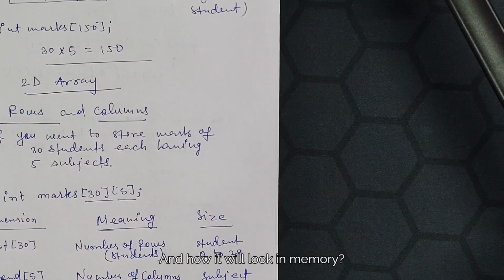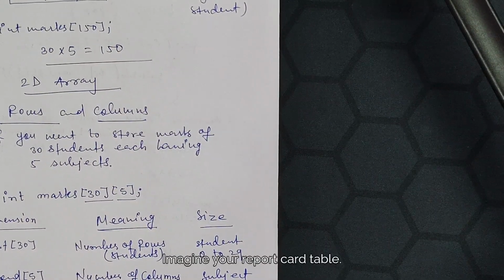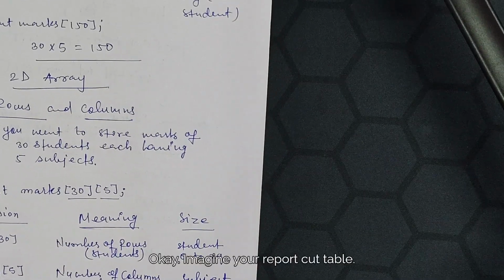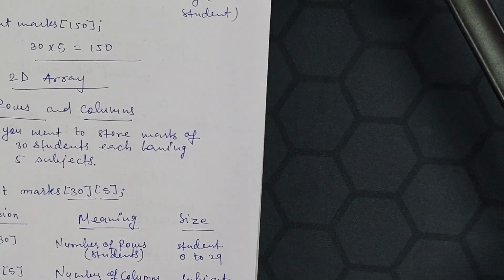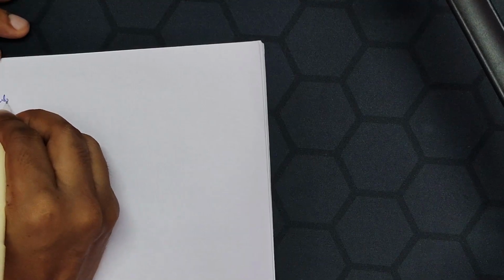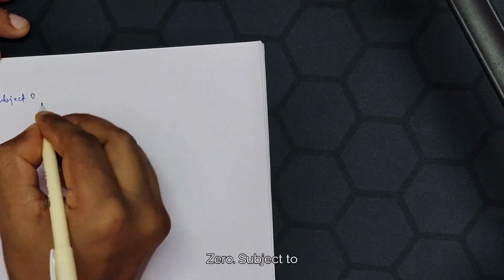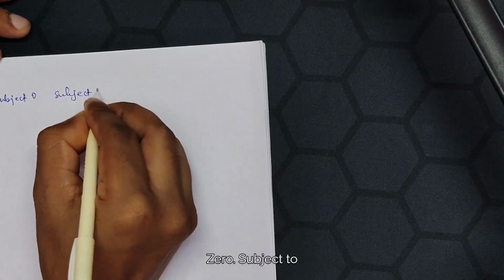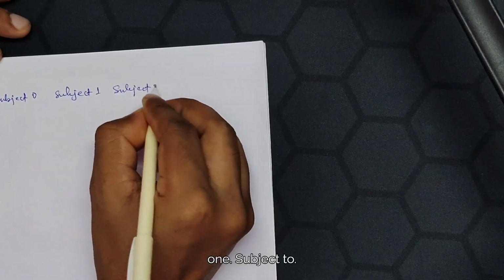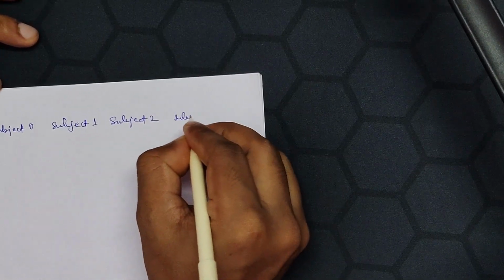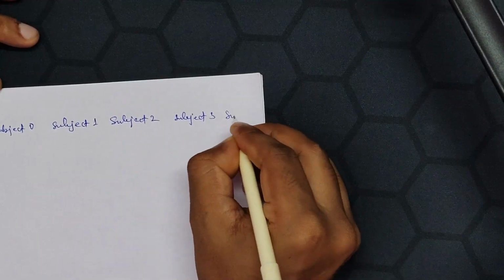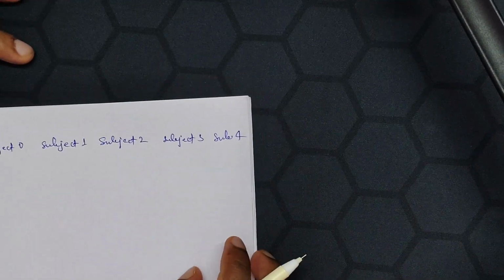And how will it look in memory? Imagine your report card table. Here I am going to draw this. Here suppose there are subject 0, subject 1, subject 2, subject 3, subject 4.